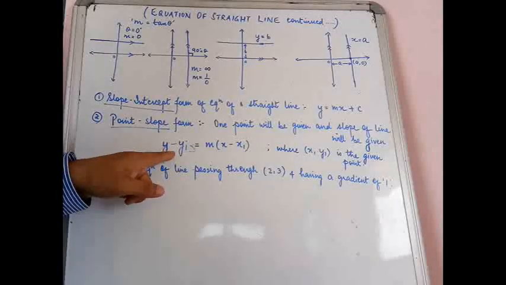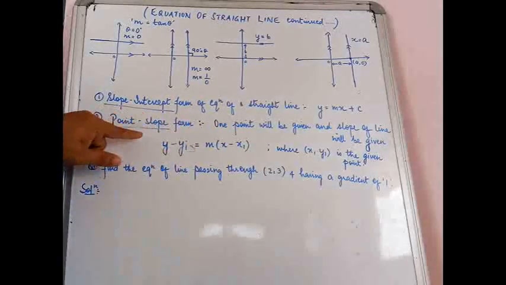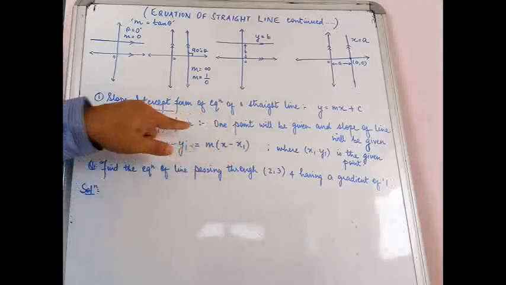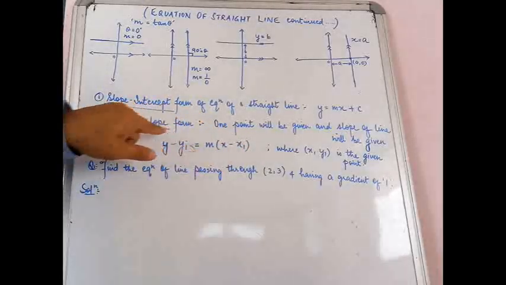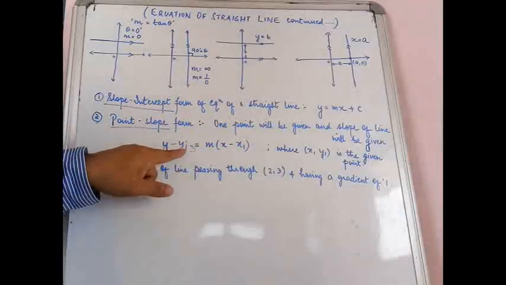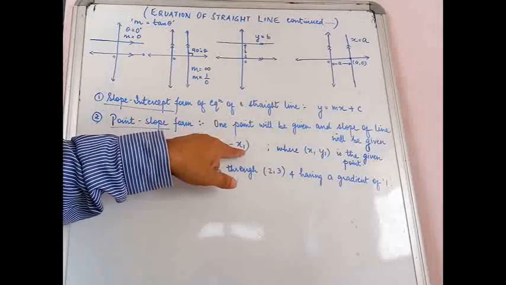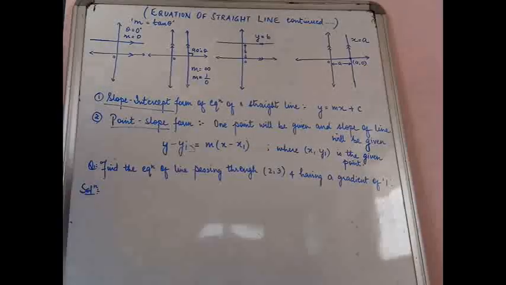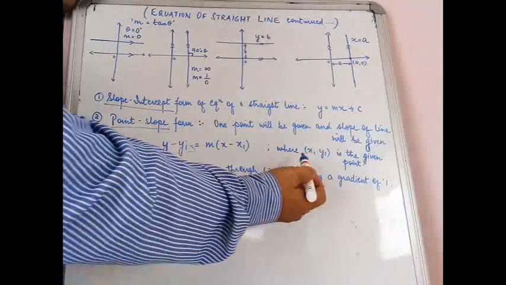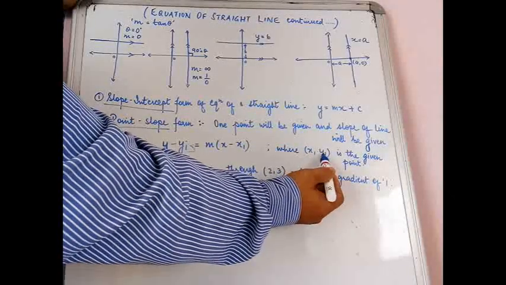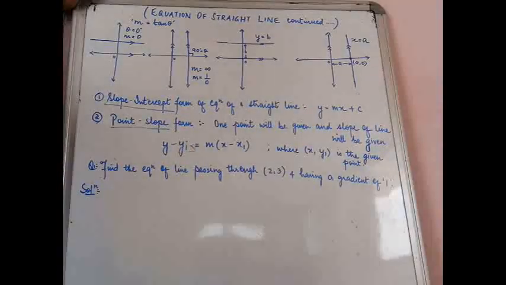So here you see, this is the form of the point slope form of the equation of a straight line. Y minus y1 is equal to m in brackets x minus x1. Now this is not so difficult to remember, keeping in mind x1, y1 is the point that is given in the question.